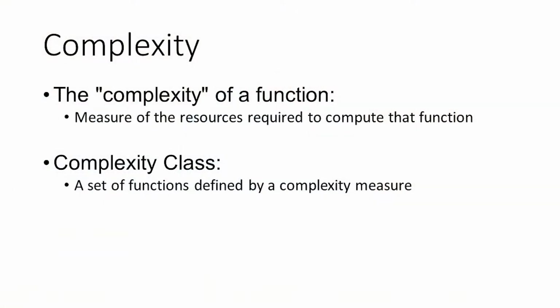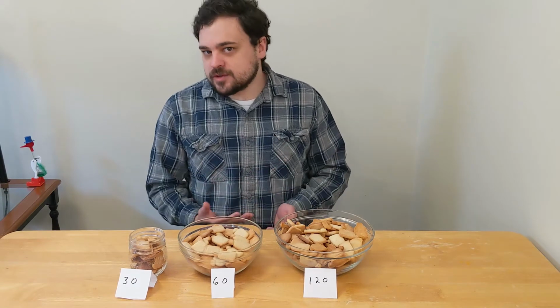So complexity is essentially going to be a property of a function, where it measures the number of resources that are required in order to implement that function. What we really mean by measure is the count of something. So whenever we look at the complexity of a function, we're going to say, what is the count of a certain resource that we might use while implementing that function? And what resource you actually decide to count is going to depend on your application and on your model of computing.